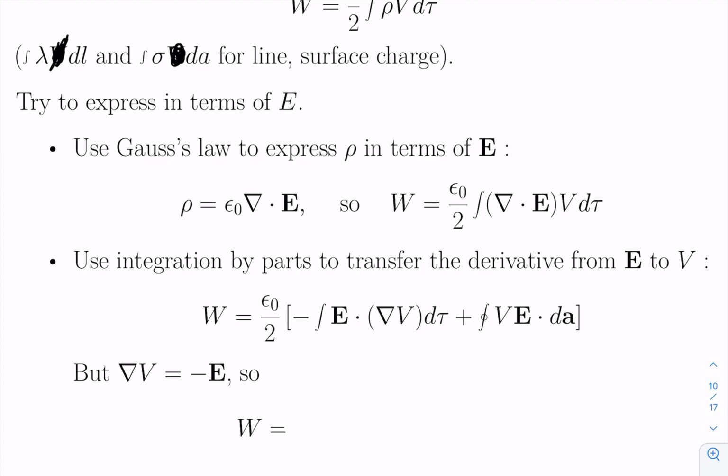And here, where this surface is located is something that we need to discuss. Since we are interested in the potential energy of this electric field in all the space, really we are interested in an infinitely large volume, and this integral edge should be the integration at infinity.